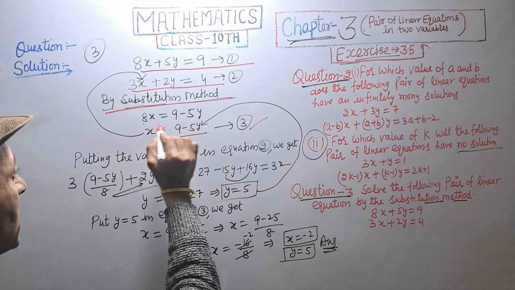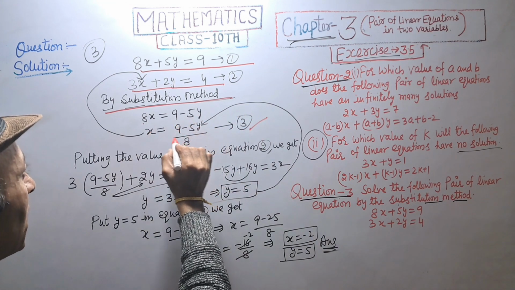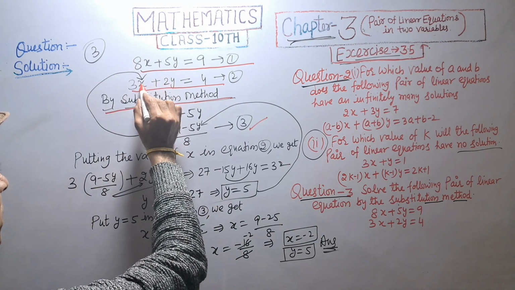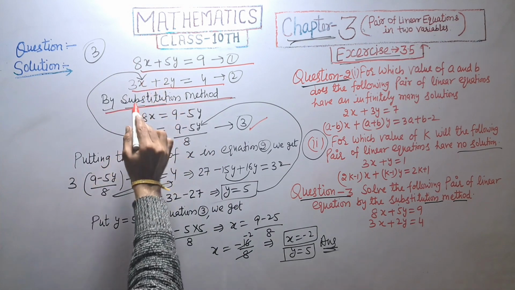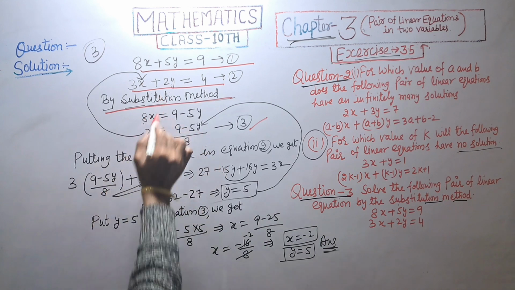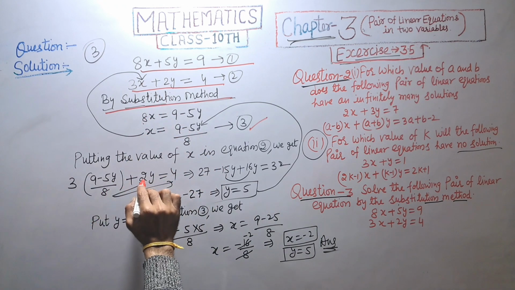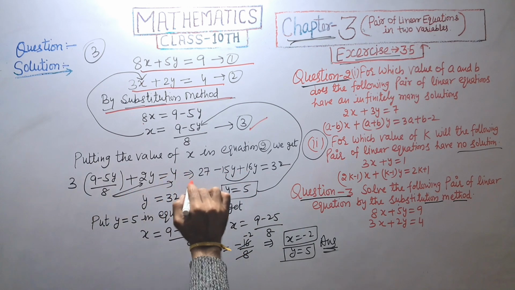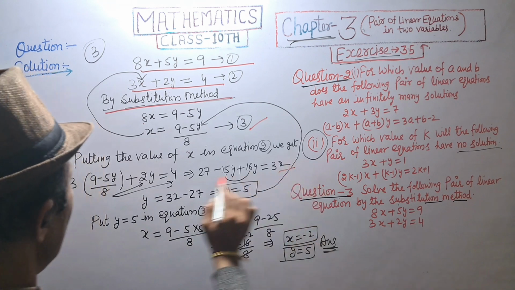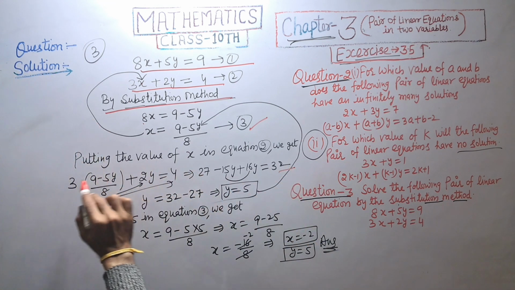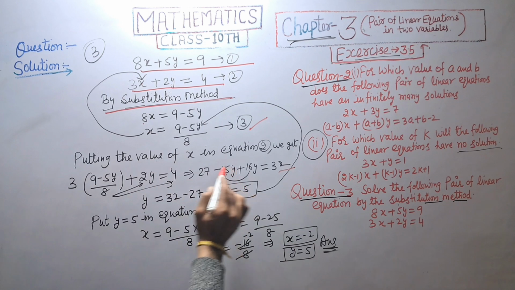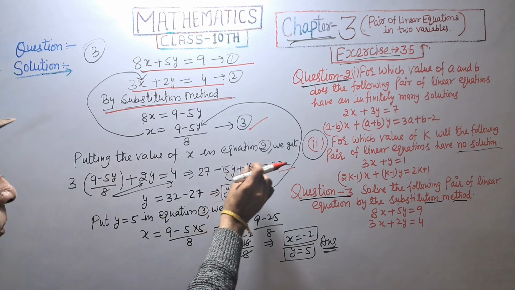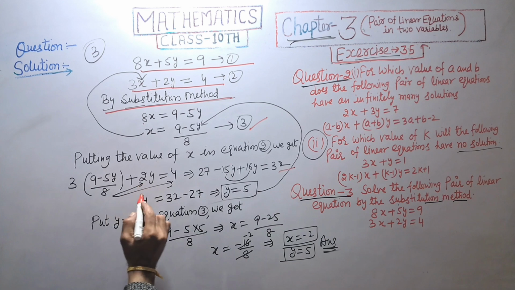And we are putting x equal to 9 minus 5y upon 8 in equation second. 3 into 9 minus 5y upon 8 plus 2y equal to 4. 8 multiplying by 2y, 8 2s are 16y, and 8 multiplying by 4, 8 4s are 32, and 3 multiplied by 9 is 27. 3 5s are 15y, minus 15y plus 16y, that is positive y.